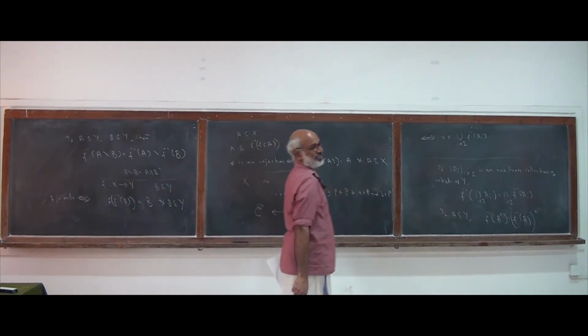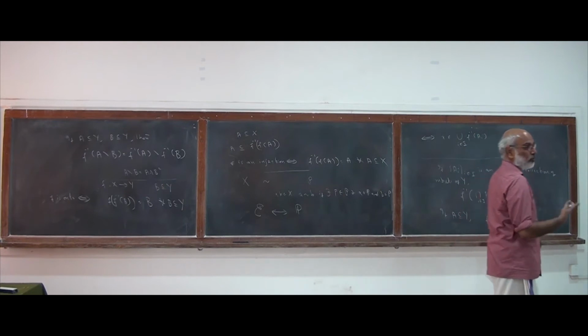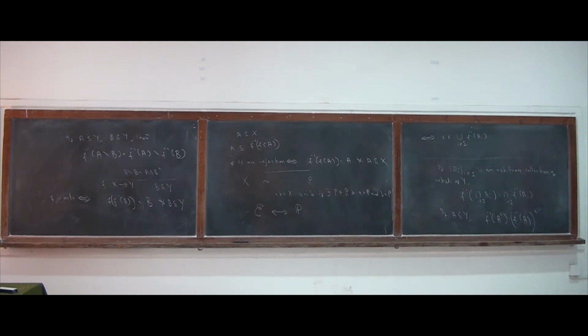Kindly verify these things. In order to prove this, we have to see that if you start with an equivalence relation, then take the corresponding partition, and from that partition construct an equivalence relation again, then you will get the original equivalence relation. And if you start with a partition, then you can get an equivalence relation, and the partition obtained from that equivalence relation corresponds to the original partition.